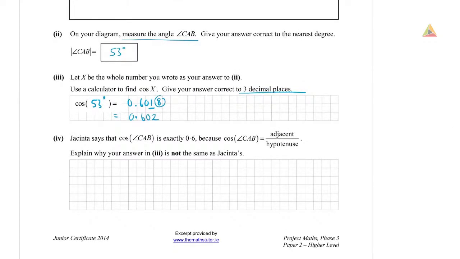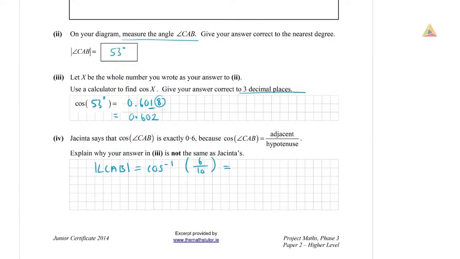So then the last part is part 4. Jacinta says that the cos of CAB is exactly 0.6 because the cos of CAB is equal to the adjacent over the hypotenuse. So explain why your answer in part 3 is not the same as Jacinta's. So for this one, the angle CAB is going to be the cos minus 1 of 6 over 10.